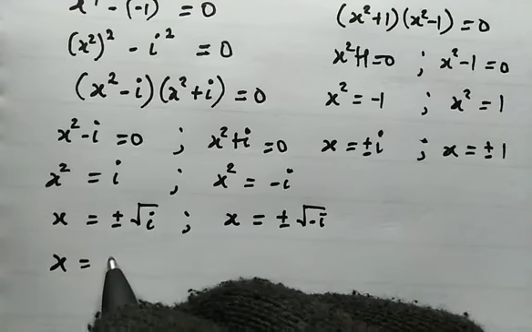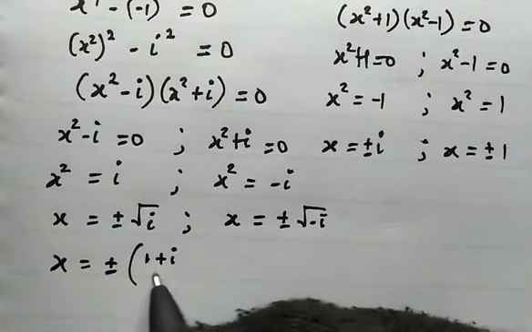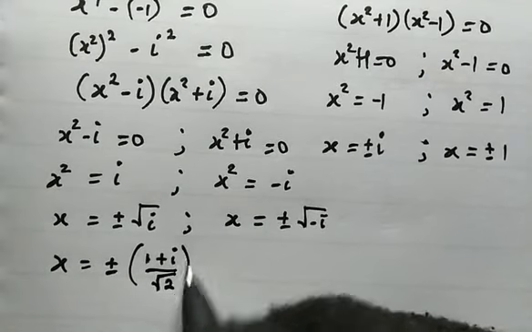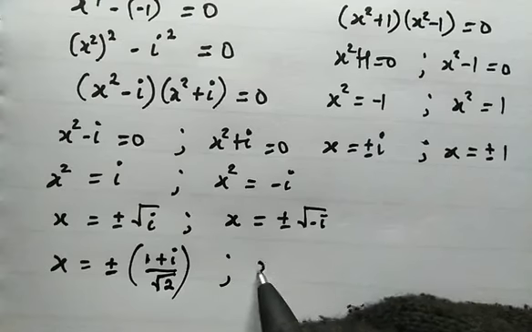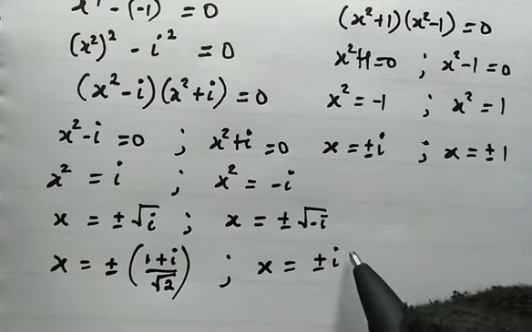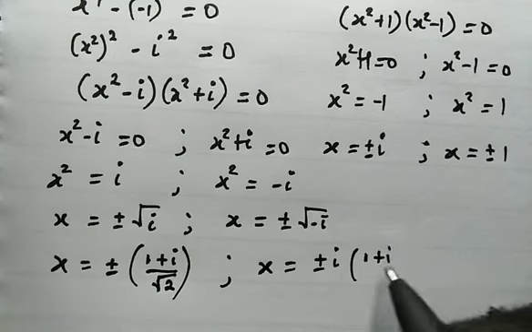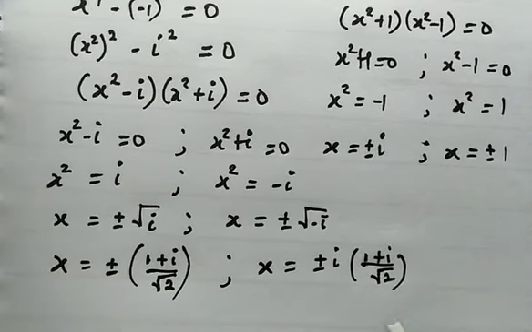So from here we have plus or minus, then 1 plus iota divided by root of 2. And from the other side we have x is equal to square root of negative 1 here is already iota, right? Then times the square root of iota, which is 1 plus I divided by the root of 2.